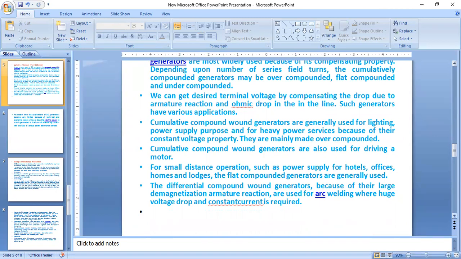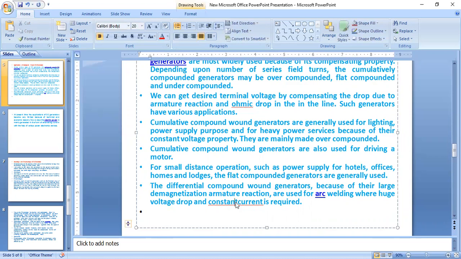The flat compound generators are generally used. The differential compound generators, because of their large demagnetizing armature reaction, are used for arc welding, where the huge voltage drop and constant current is required.